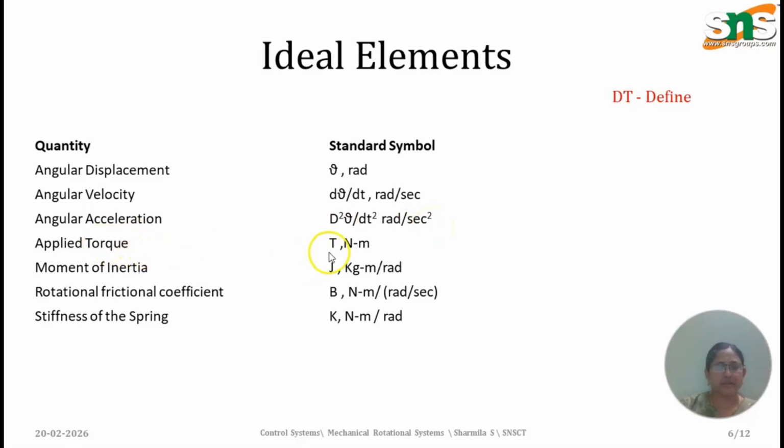Applied torque is represented as T in Newton meter. Moment of inertia is J in kg meter square. Rotational frictional coefficient is B, in Newton meter per radian per second. Stiffness of the spring is represented as K, in Newton meter per radian.